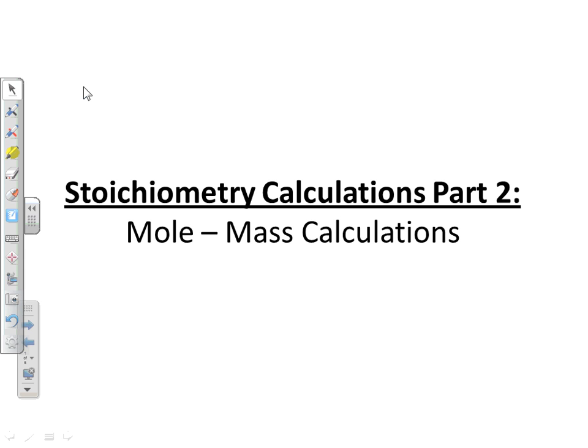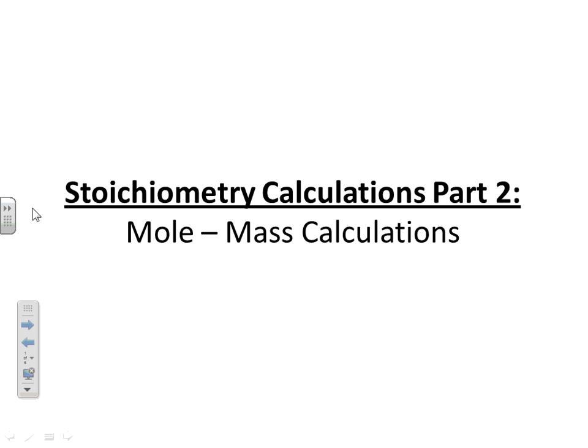Yesterday, we did calculations involving balanced chemical equations that allowed us to determine the number of moles of a substance starting with the number of moles of another substance. And we had a special name for that particular thing that we used.